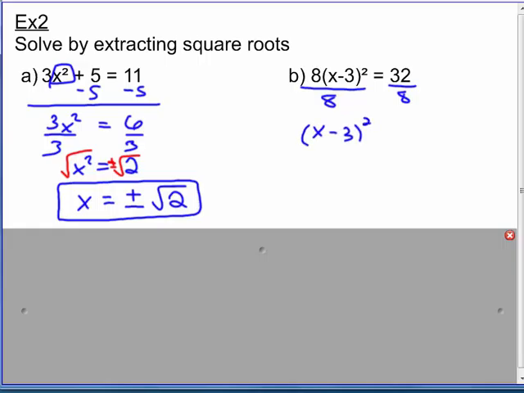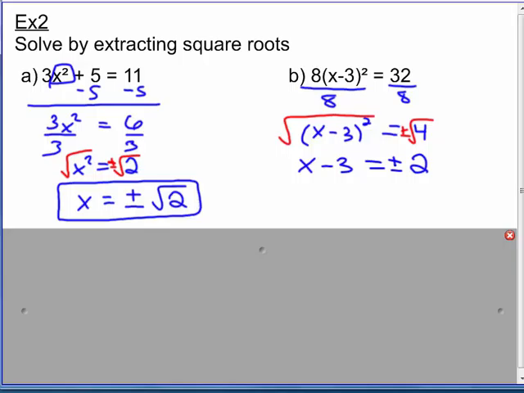I get x minus 3 squared equals 4. So now, how do I get rid of something that is squared? I take the square root. And whenever I introduce a square root into the problem, plus or minus. So I get x minus 3 equals plus or minus the square root of 4, that's 2.